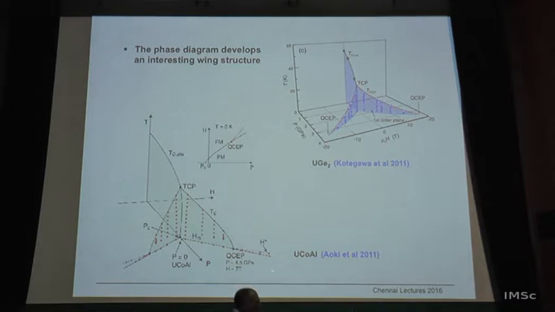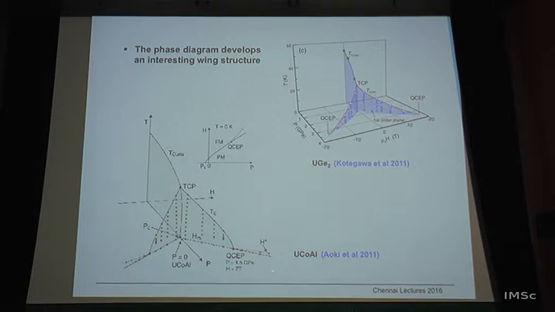The only actual phases we've got here are the ferromagnetic phase that exists below the Curie temperature and below the critical pressure in zero field, right? So that phase lives in this plane here. And then we've got the paramagnetic phase here, and then we've got the spin polarized phases.